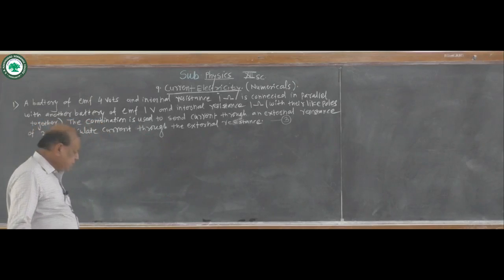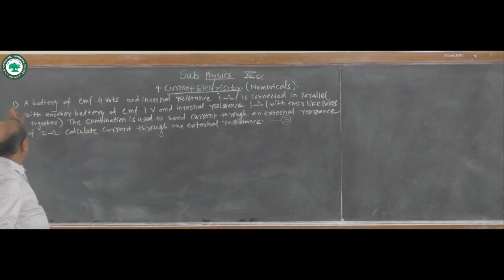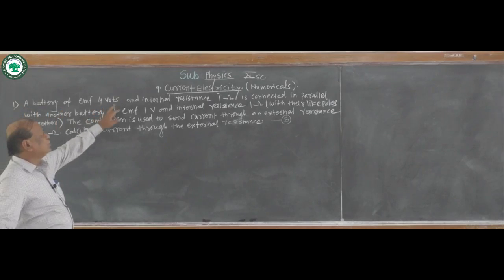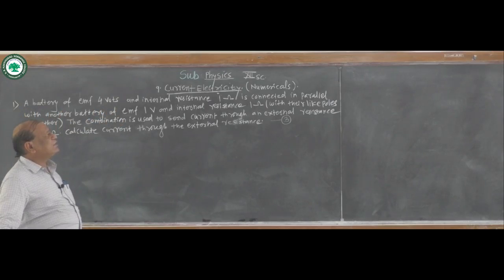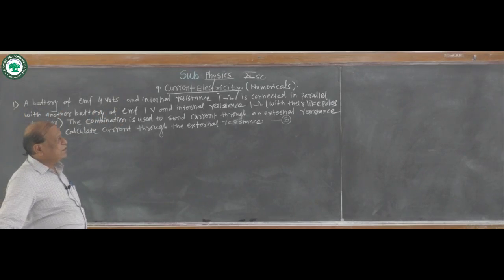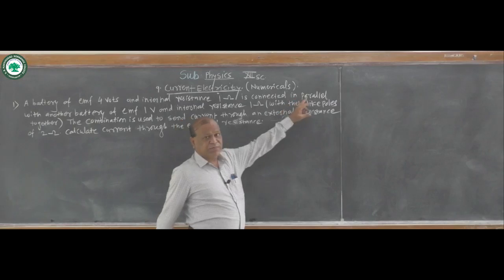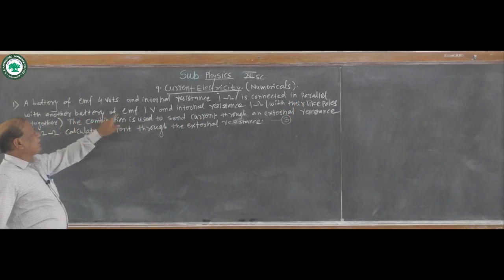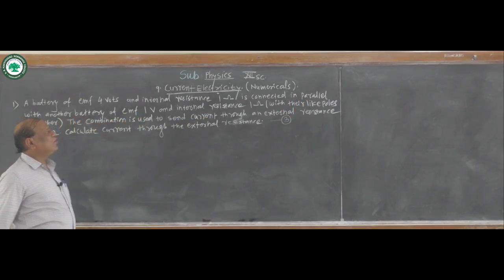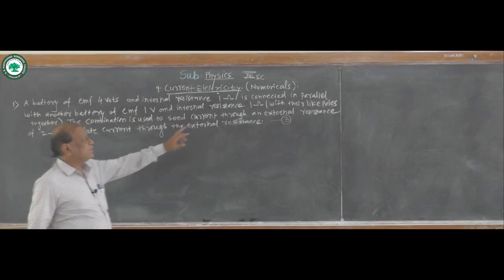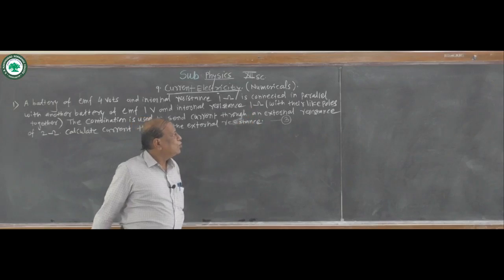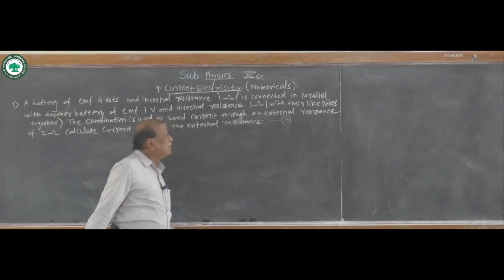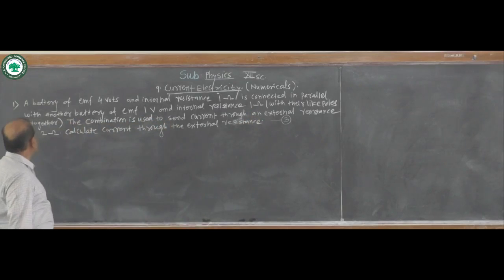Now see here the first numerical. A battery of EMF 4 volts and internal resistance 1 ohm is connected in parallel with another battery of EMF 1 volt and internal resistance 1 ohm, with their like poles together.